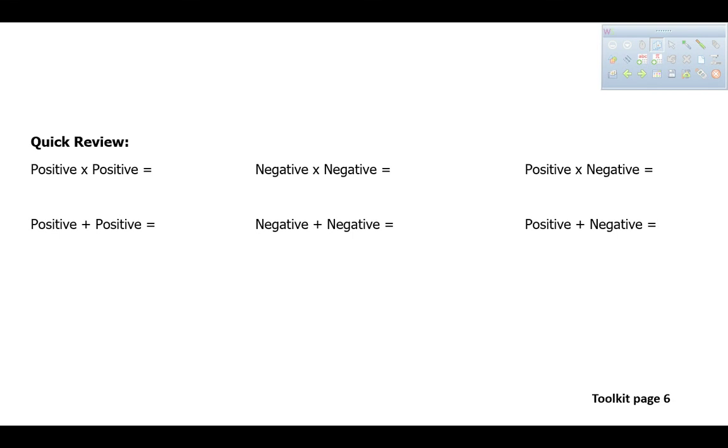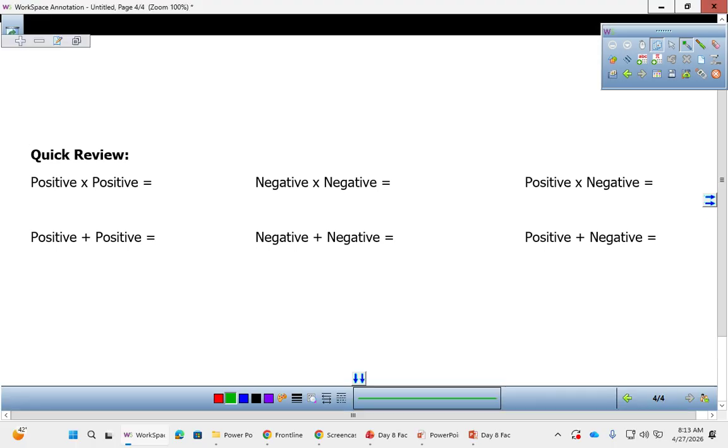So let's think about what happens when we multiply 2 positive numbers. A positive times a positive. Think about 2 positive numbers in your head. 3 times 2. The outcome of that is positive, all right? So a positive number times a positive number is another positive number. All right, let's think about when we multiply 2 negatives. -6 times -5.